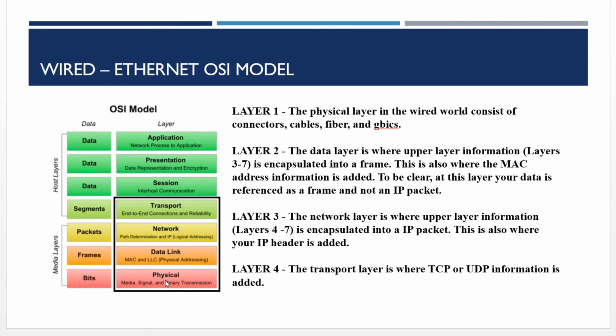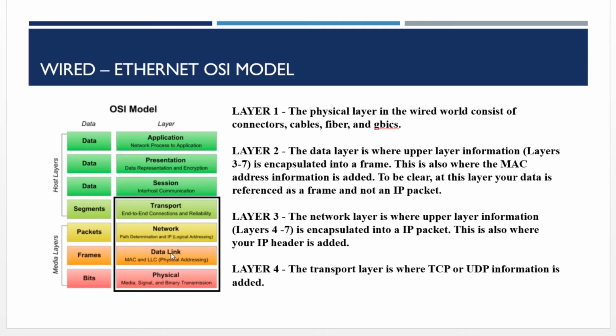The data link layer is where the upper layer information is encapsulated into a frame. This is also where the MAC address information is added. To be clear, at this layer, your data is referenced as a frame and not an IP packet. The data link layer right there.